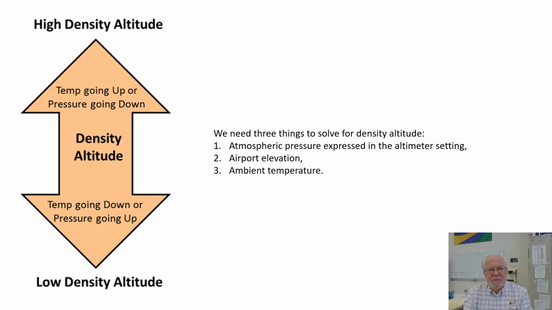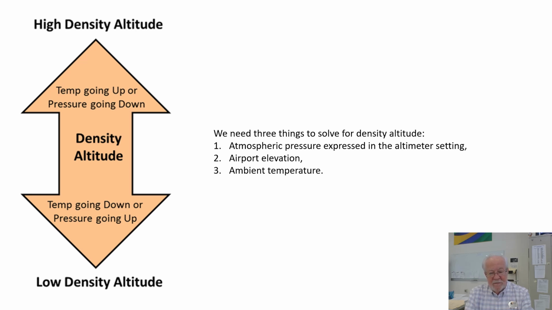All right, good morning. Just want to run through the density altitude calculations briefly, hopefully briefly. Three things we need to solve for density altitude problems are the current atmospheric pressure, expressed in the altimeter setting. We find that from the altimeter setting. We need the airport elevation, which may be given, or maybe you need to go to the chart and find the airport elevation.